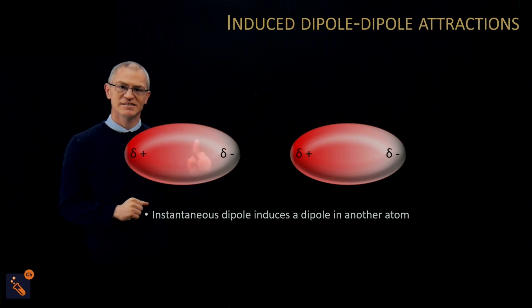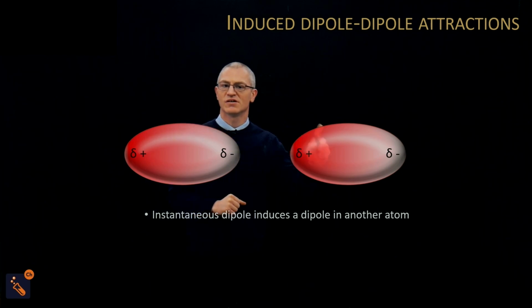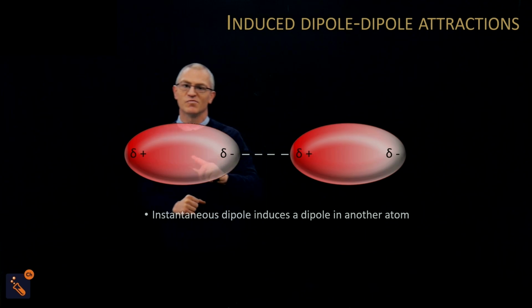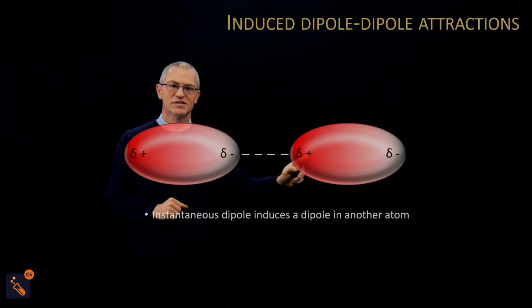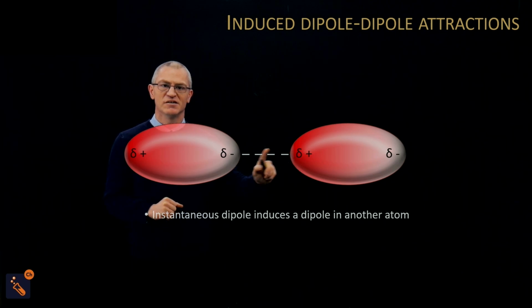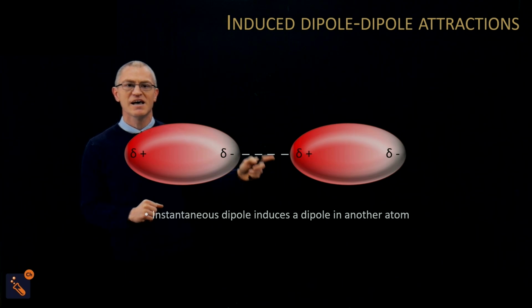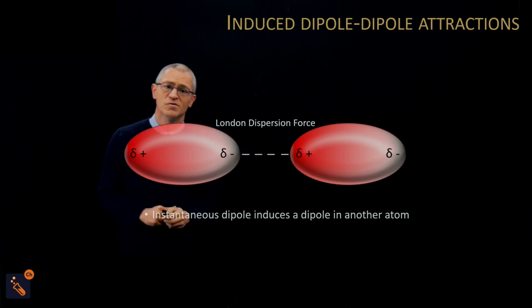So this is an instantaneous dipole which has induced a dipole in the neighbouring atom. And there then will therefore be an attraction because it has pulled this nucleus slightly closer to here because negative attracts to positive. Okay, and we have that attraction. That's called a London dispersion force.